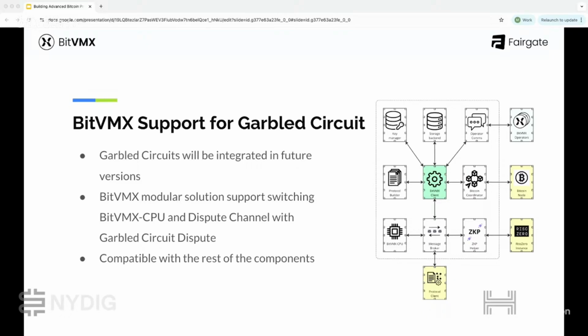But the rest of the components will remain the same, and their integration with the applications built on top probably too. So what we want to show here is that BitVMX is a platform that allows you to build on top and kind of forget about the solution that is there as an engine to solve this kind of dispute.